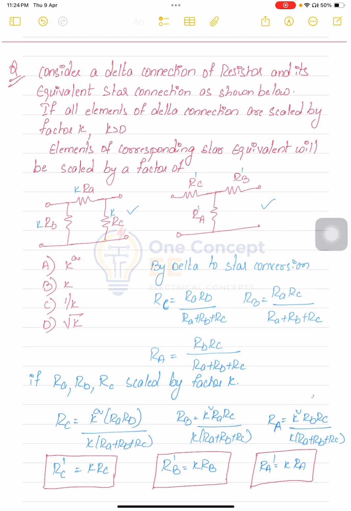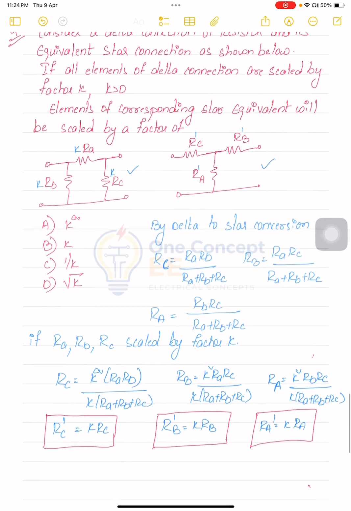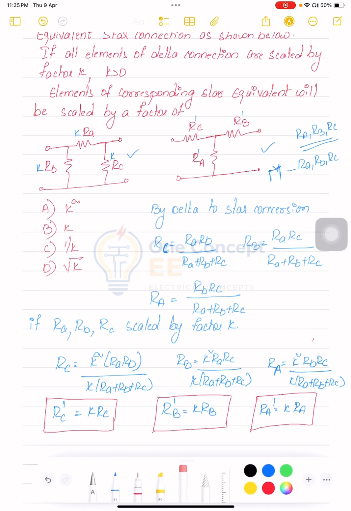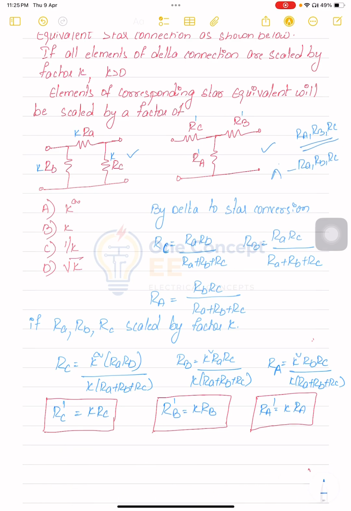Before going to the solution, you should know how to convert from star to delta. From delta to star conversion, if RA, RB, RC are the previous star elements and small ra, small rb, small rc are the delta connection.